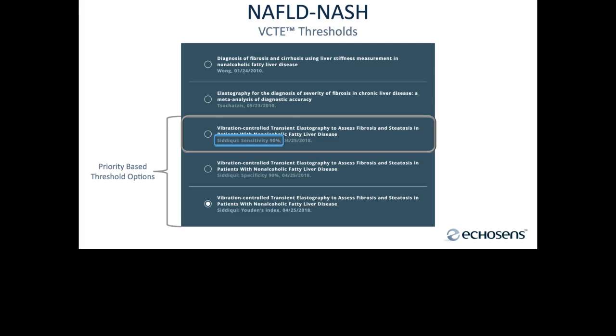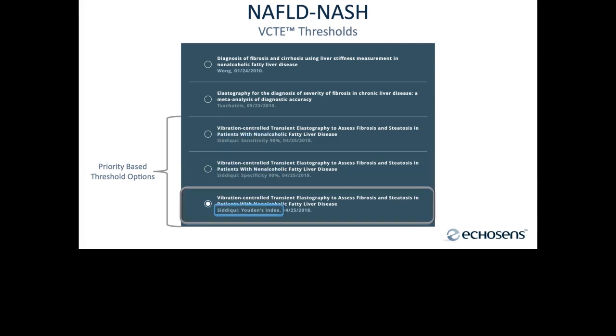So I want you to notice there are 3 publications listed here, but we're adding a level of functionality and complexity, because if we look at the NASH CRN publication from Siddiqui et al., we will notice that it actually has 3 threshold values based on the preference for sensitivity being 90%, specificity being 90%, or the preference to use Youden's index, a balanced priority threshold.